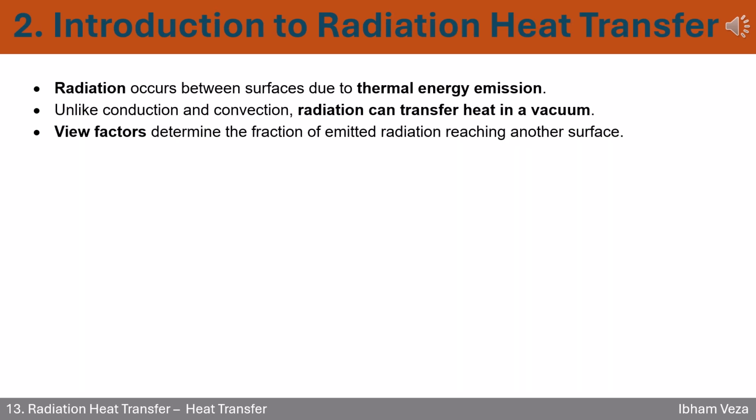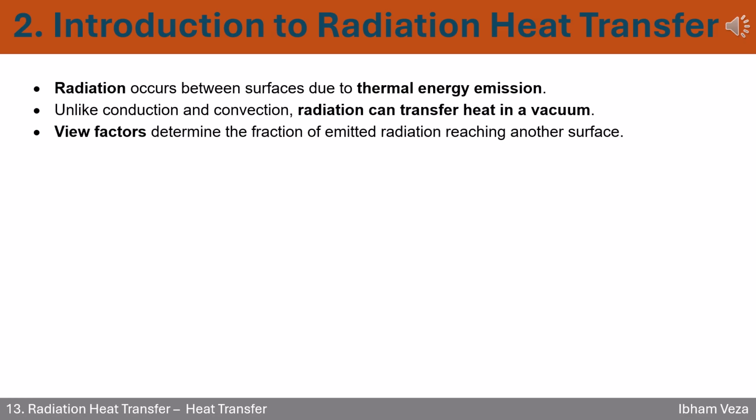2. Introduction to radiation heat transfer. Let's start by understanding what makes radiation heat transfer unique. Radiation happens because of thermal energy emission. When objects get hot, they naturally emit energy in the form of electromagnetic waves.